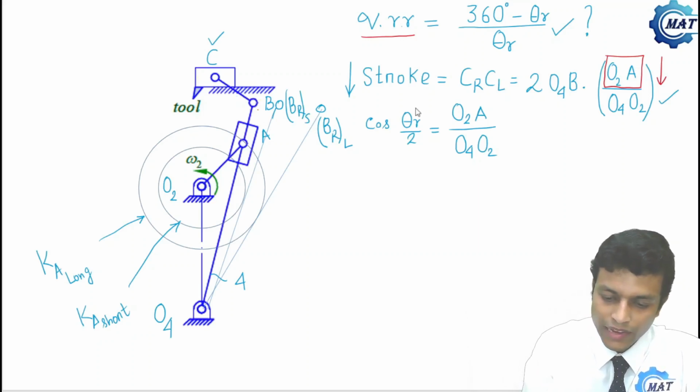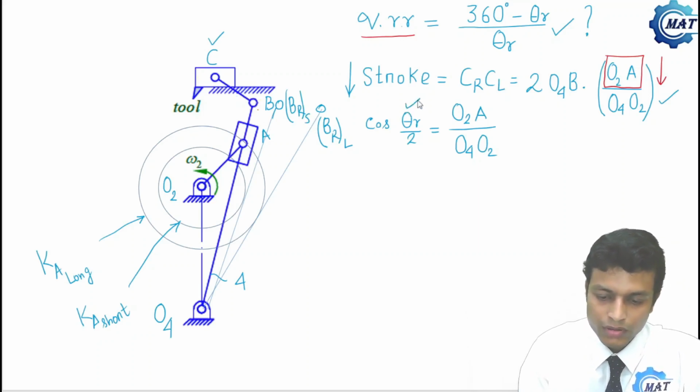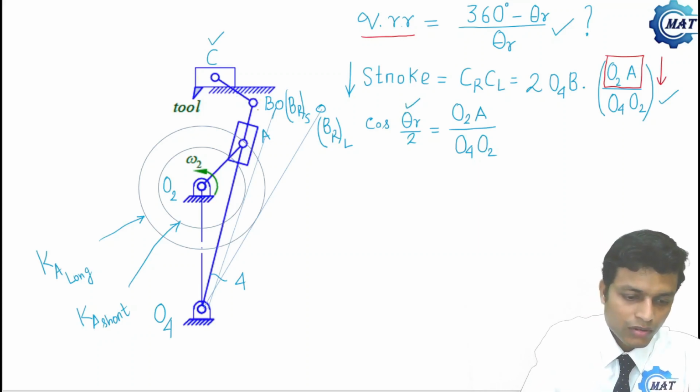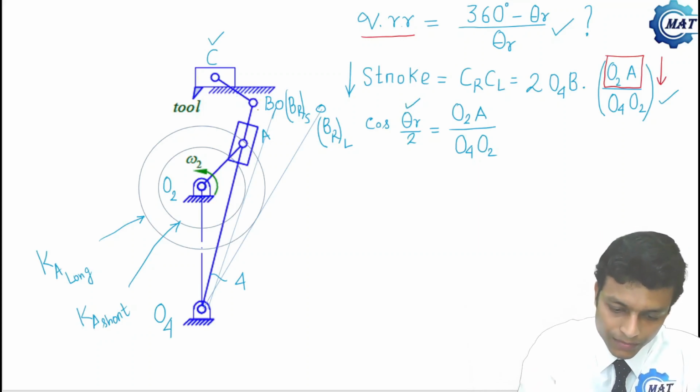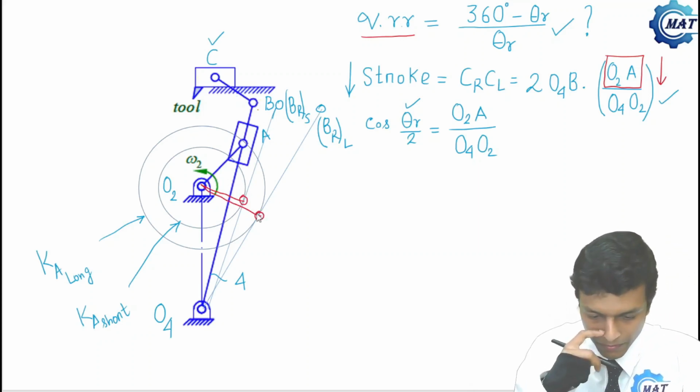Now what is the value of theta r by 2 for each crank? Let us see. This is for shorter crank and this is for longer crank.